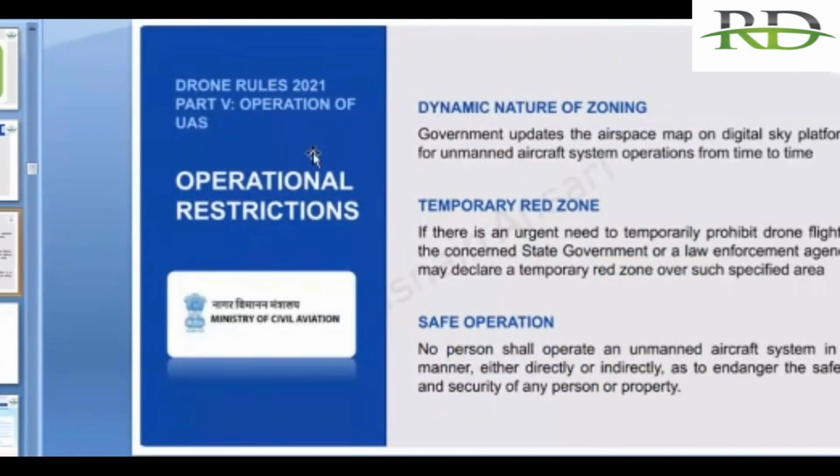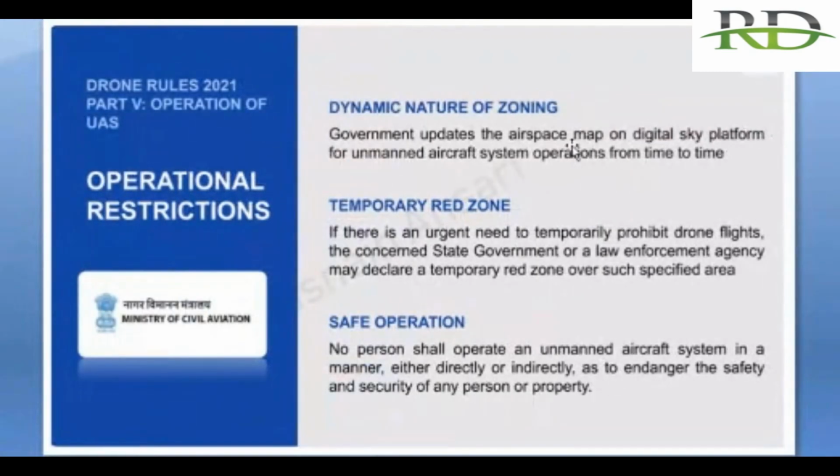Next. Yes, this is one of the important drone rules. You cannot fly the drone in the red zone. The superintendent of police, collector, joint collector, and DSP have the power to declare a temporary red zone.